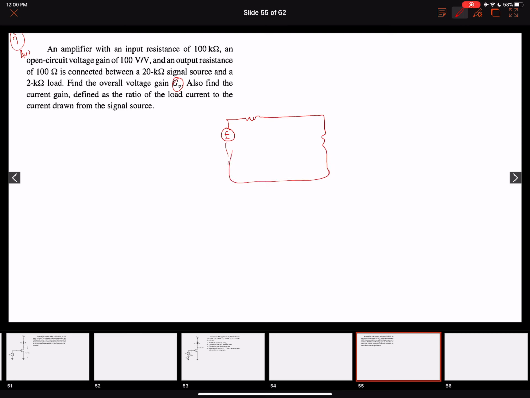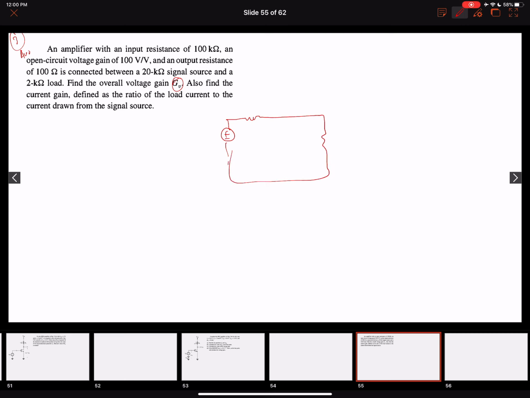This is the input resistance, this is the output resistance, this is the load resistance, this is AV naught VI, where VI is here, this is the signal resistance, and this is the V signal.